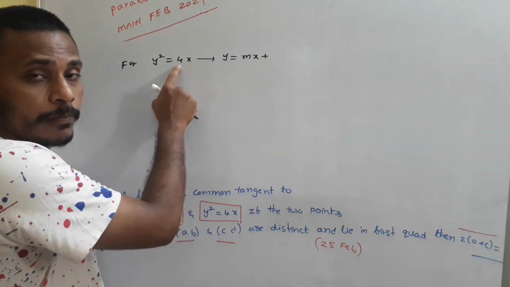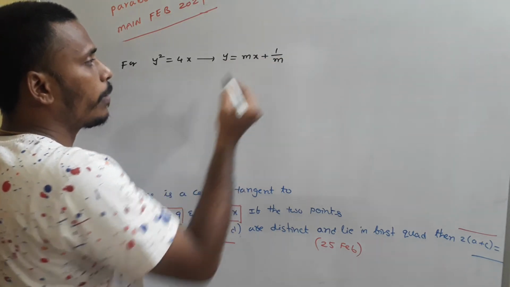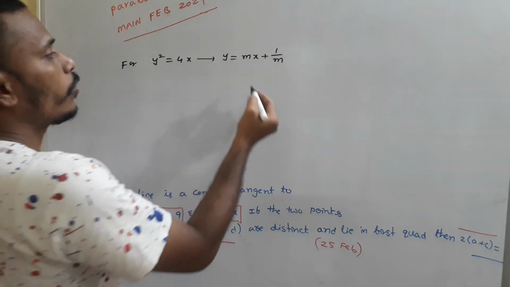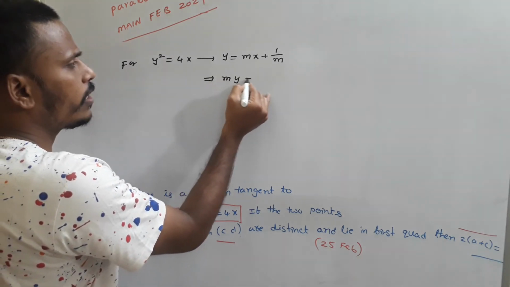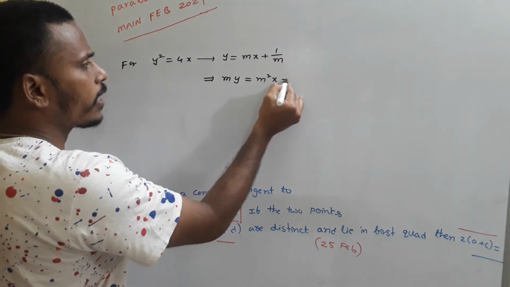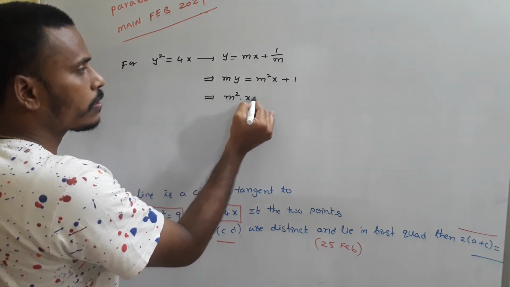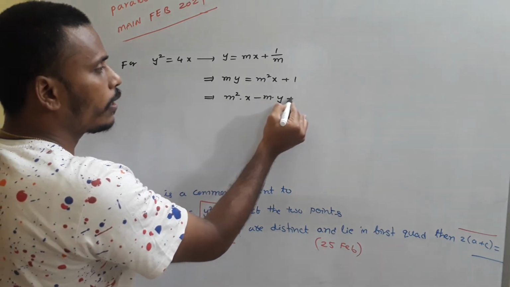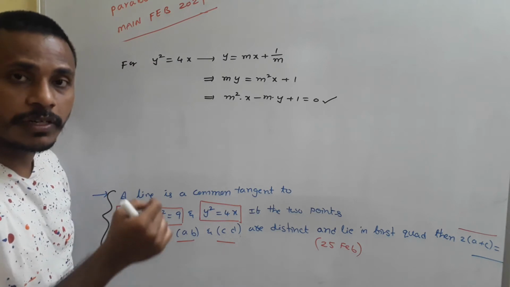Since it is 4x, instead of 4a we have 4, so a is 1, so y = mx + 1/m. When you rewrite this as a line, my = m²x + 1, so m²x − my + 1 = 0 is the line which is a tangent for the parabola.